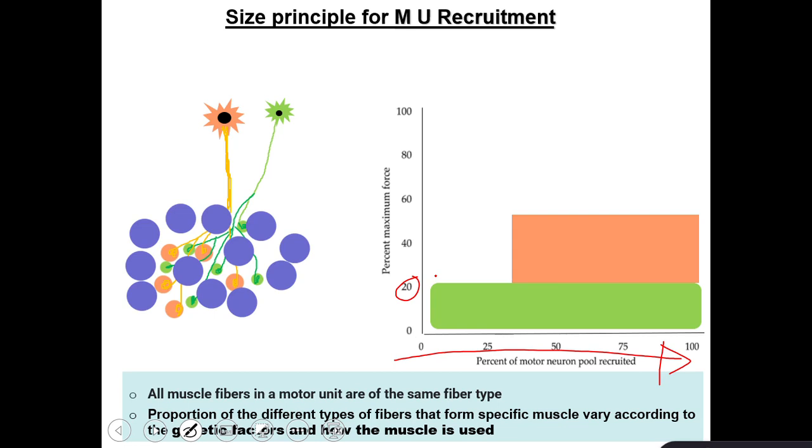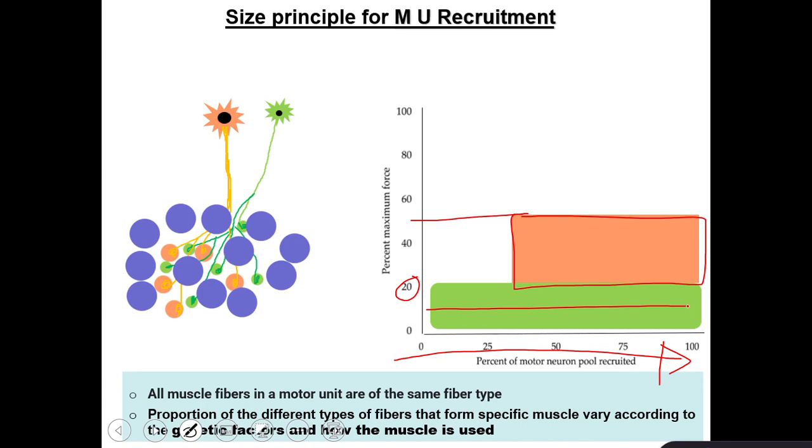So now you will be having about 50% of your maximum force, but those resist fatigue in a lesser way than the slow oxidative ones. They can get tired before the smaller size slow oxidative muscle cells.